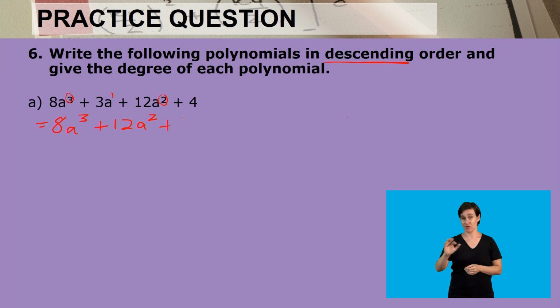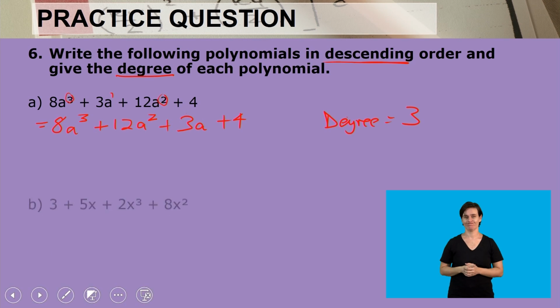So that term would be 3a and then plus 4. So that is writing it in descending order, starting from the highest exponent to the lowest. And then the degree of the polynomial is the highest exponent in the expression, which says the degree is 3. Let's move on to the next one.